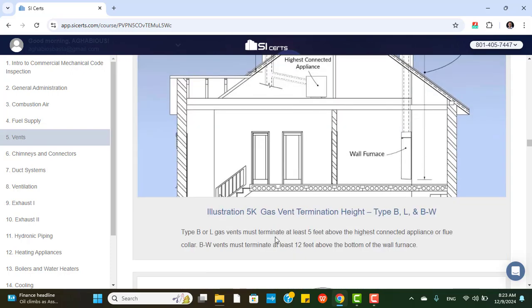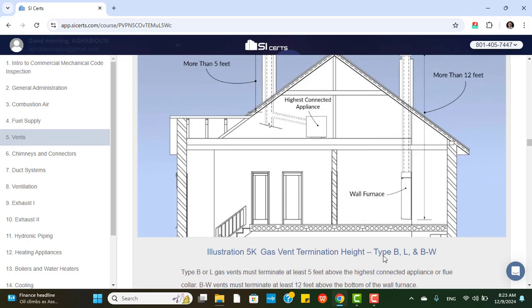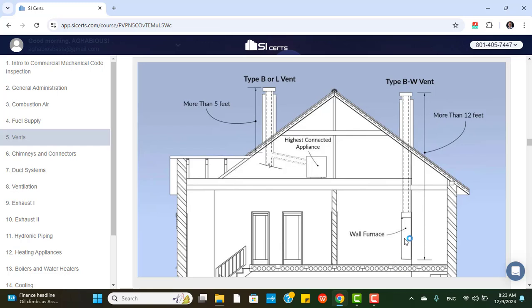Illustration 5D, gas vent termination height, type B, L, or L and PW. Here for highest connected appliances, as we see here, this type L, B or L vent must be more than 5 feet.